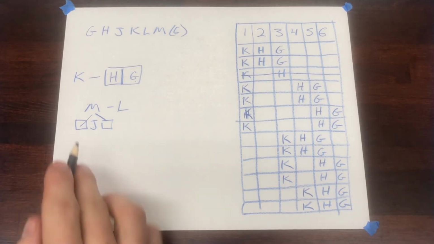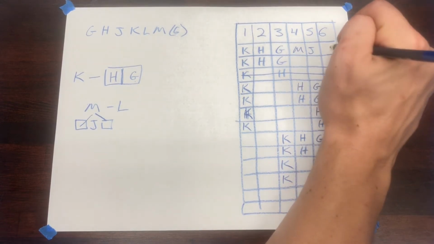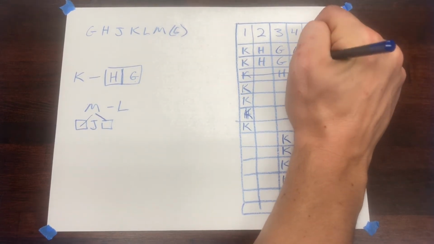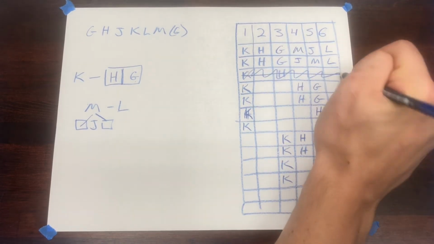And now what I'm going to do is I'm going to insert this. So I'm going to go M, J, L, J, M, L. This guy is gone.